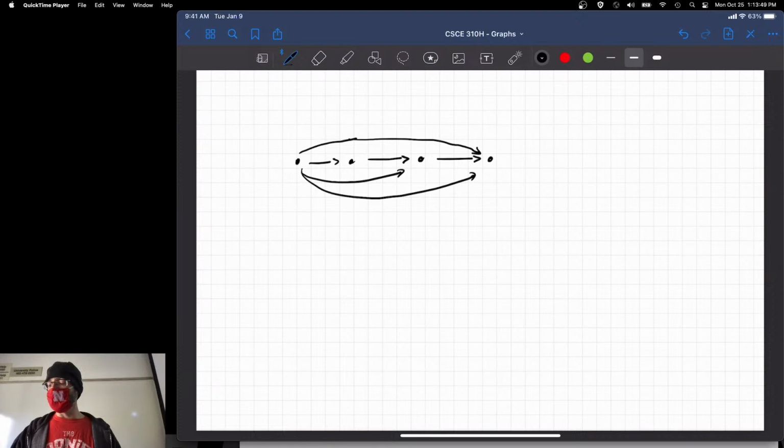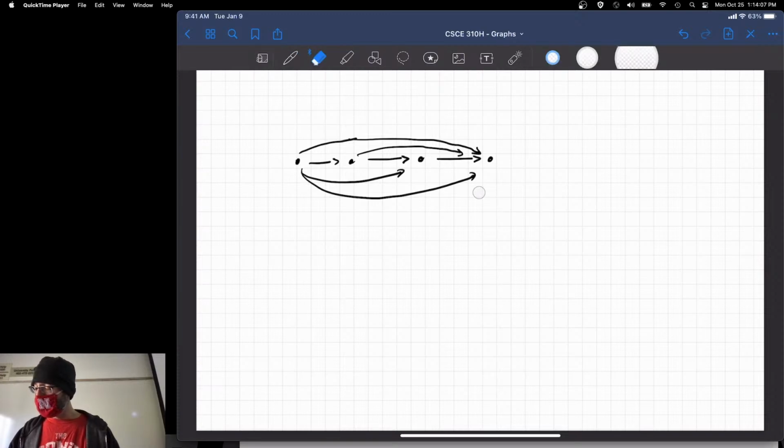There is a tournament of size 4, I guess. Did I get them all? Oh, I need this one. Everything should have, so 1, 2, oh, I already have a redundant one here, sorry. This one doesn't need to be there. 1, 2, 3, 1, 2, and then 1. I got them all there. There we go. That's a tournament.